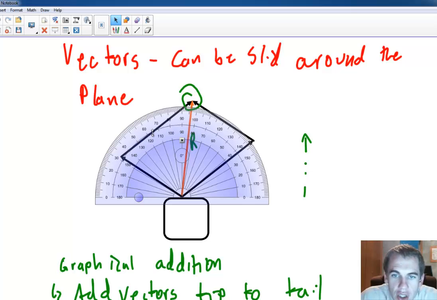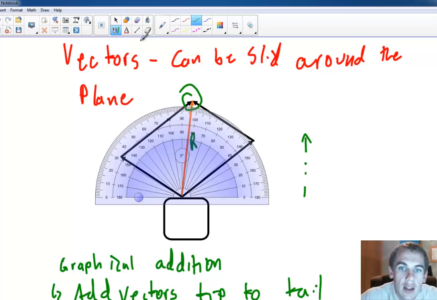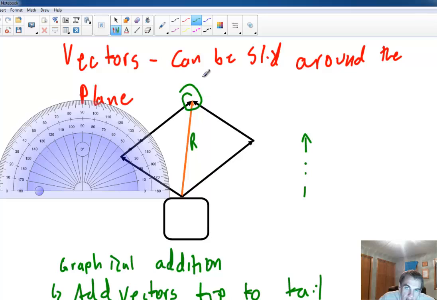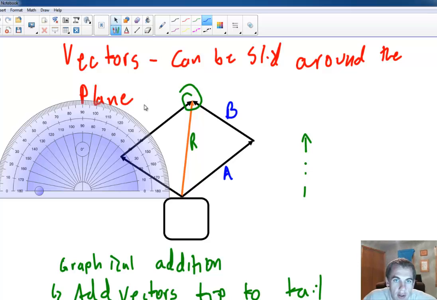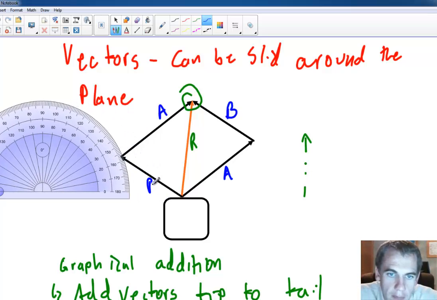Then let's go ahead and label some vectors. Let's call this vector A and this vector B. Now B's really over here, but we drew it up over here so we could add them. So this is also vector A, and this is also vector B.